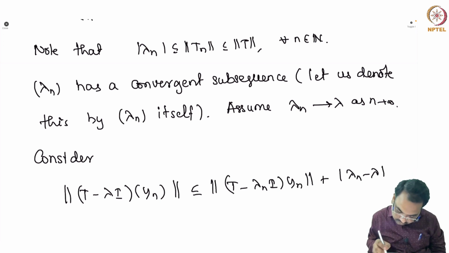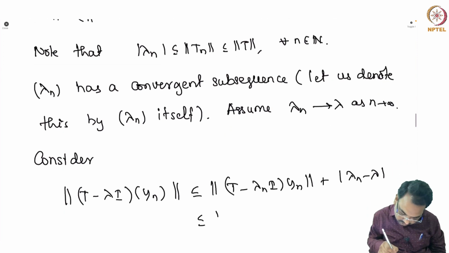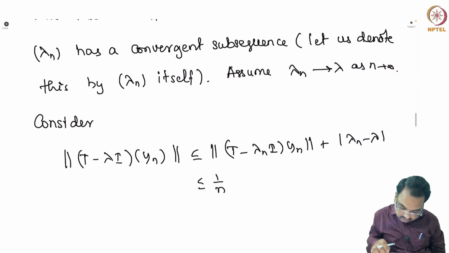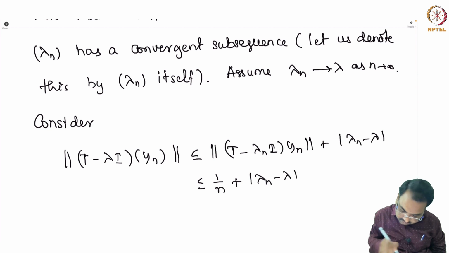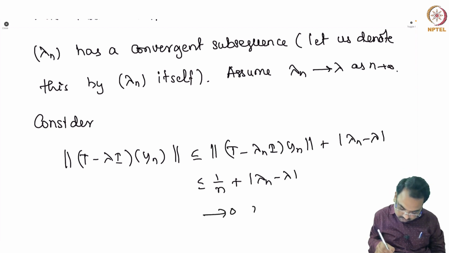So we know that norm of (T minus lambda_n) y_n is less than or equal to 1 by n by the above construction of the sequence y_n, plus mod lambda_n minus lambda. Now this converges to 0 as n tends to infinity.